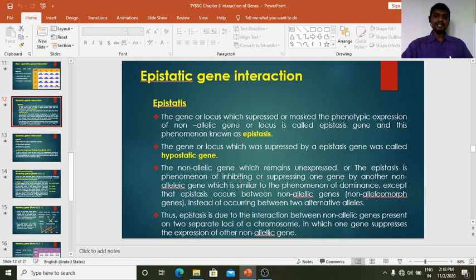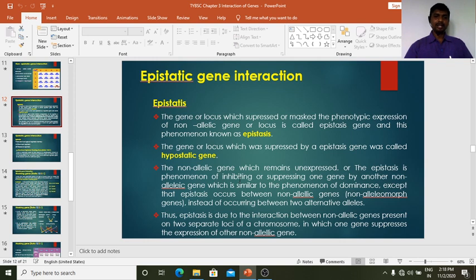epistasis. The gene which suppresses or masks the phenotypic expression of a non-allelic gene is called the epistatic gene. And the gene which is suppressed by the epistatic gene is called the hypostatic gene.